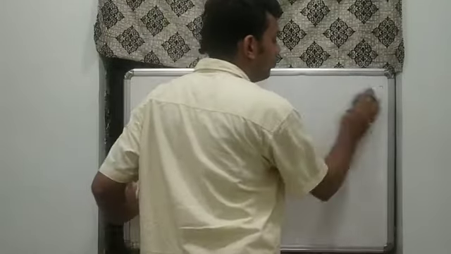Hence, first of all we will solve the first portion. Solution for the first one: calculation of accounting rate of return for machine A and machine B. So what we have to do is draw a table.